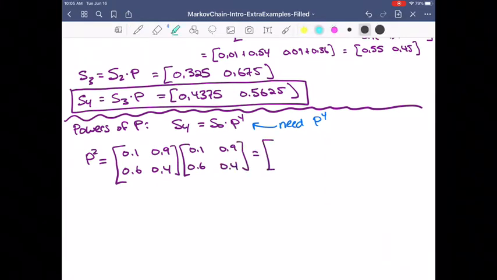Row 1 times column 1 gives us this entry here. So 0.1 times 0.1 is 0.01, plus 0.9 times 0.6 is 0.54.